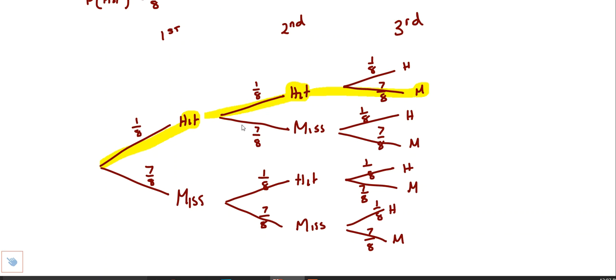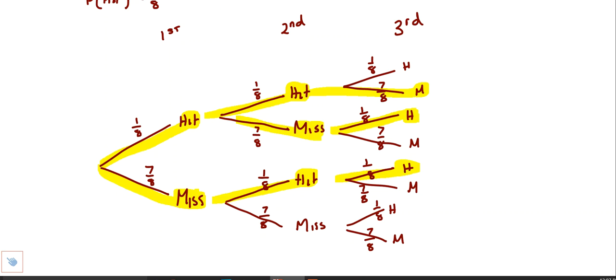I could hit, then miss, then I would have to hit. Or I could miss, then hit, then hit. You can't miss, miss, hit, because that's hitting once, not twice.